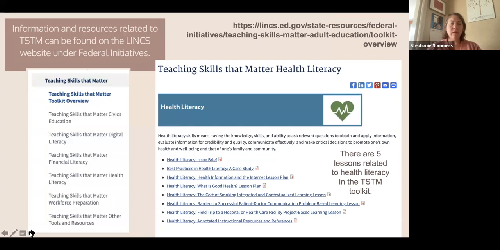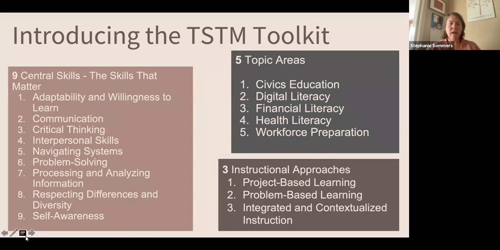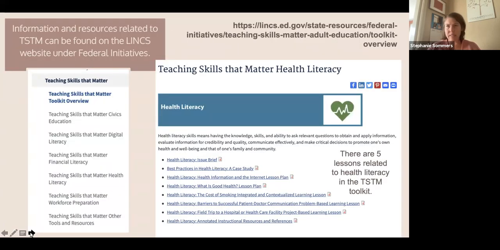If you're new to ABE or new to thinking about incorporating something like health literacy, this is a great place to start. For each of these 5 areas, there are also 5 lessons, and the lessons are downloadable and ready to go.